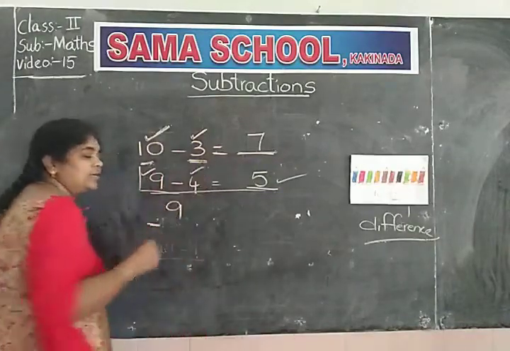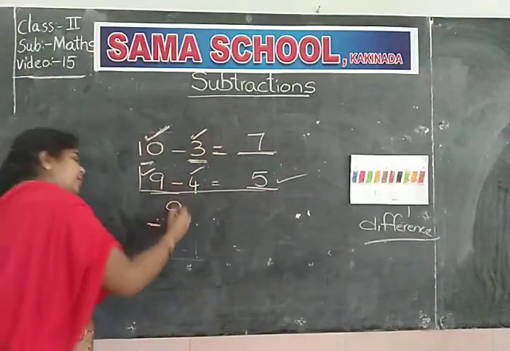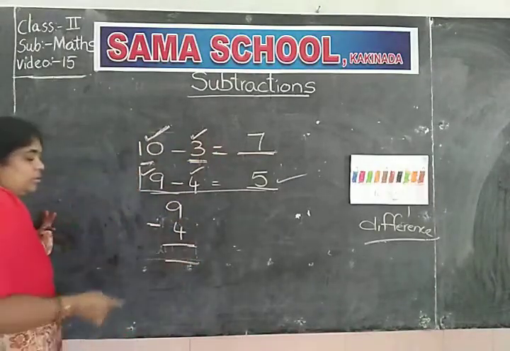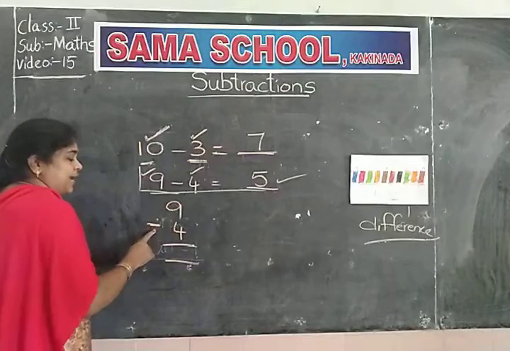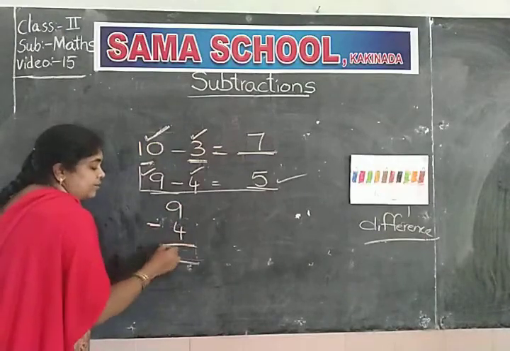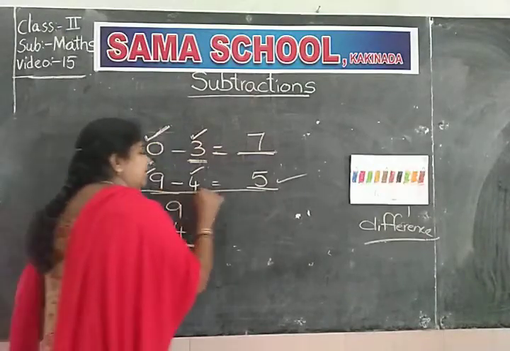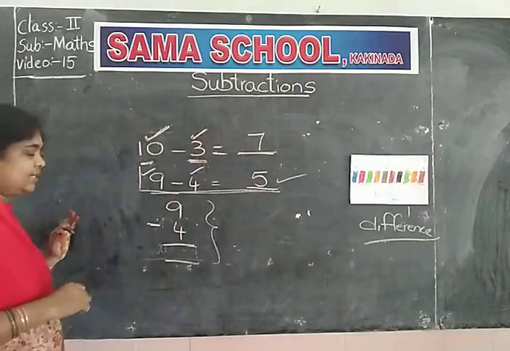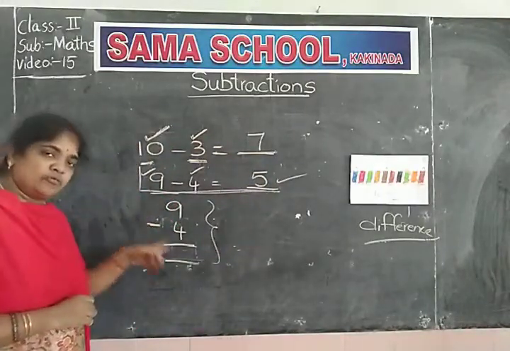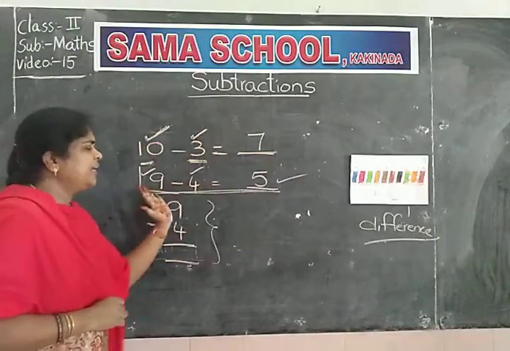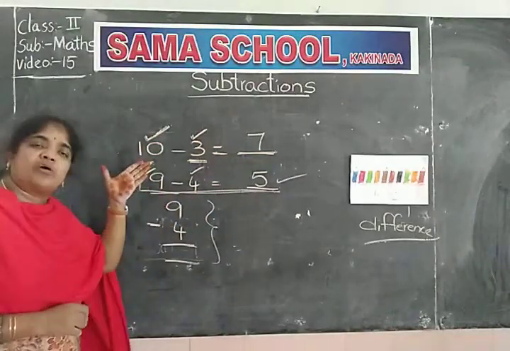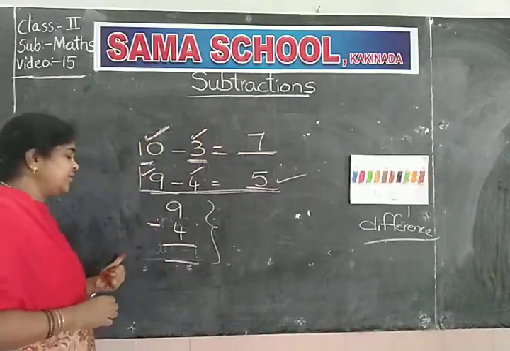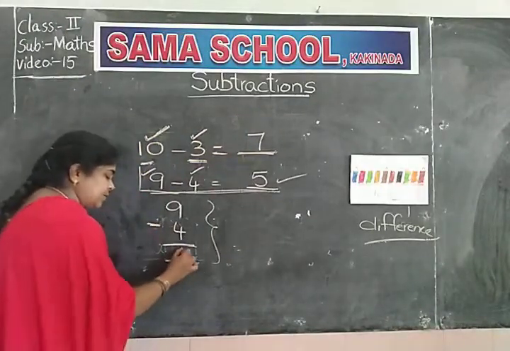And write the second number, 4. Read this one: 9 minus 4. Here we wrote horizontally, here we wrote vertically. The same process we follow here also: take out 9 fingers, close 4 fingers, and you will get the answer.